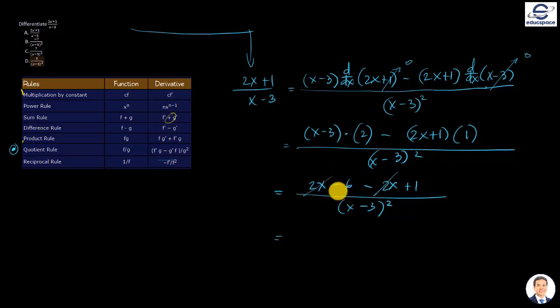And here we have negative 6 plus, sorry, this must be minus, since we have negative multiplied by positive 1, so we have negative 1 here. So minus 6 minus 1, minus 7, over (x minus 3), then squared. So the answer here is letter B.